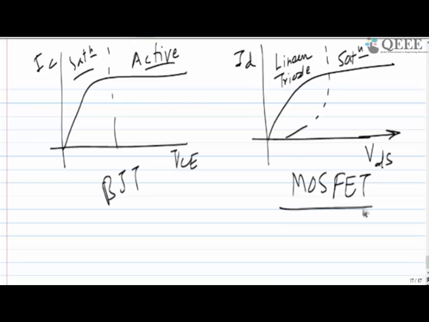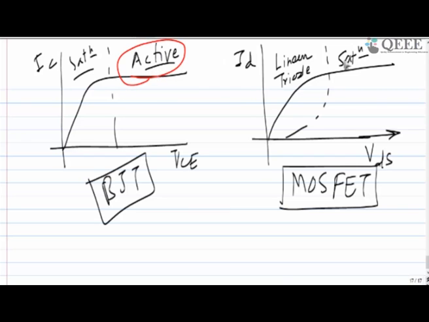Even in company interviews or many places, people try to confuse students by asking this question: saturation mode of operation in BJT is like linear mode of operation in MOSFET, whereas active in BJT is similar to saturation in MOSFET.